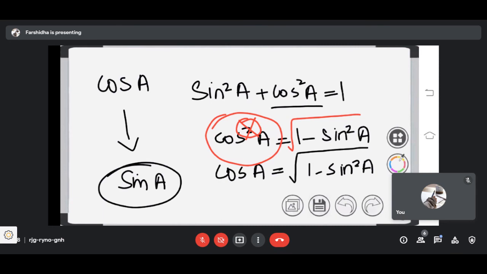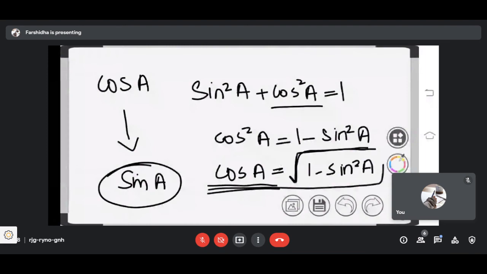So the value of cos A is equal to root of 1 minus sine square A. You have represented cos A in terms of sine. This is the first one. Cos A equal to root of 1 minus sine square A.